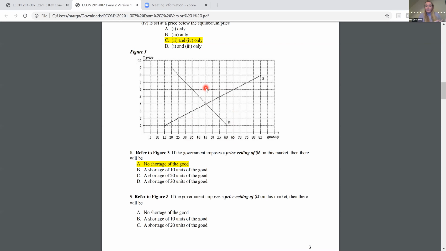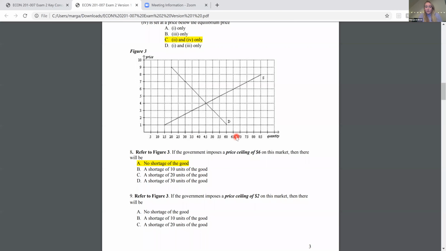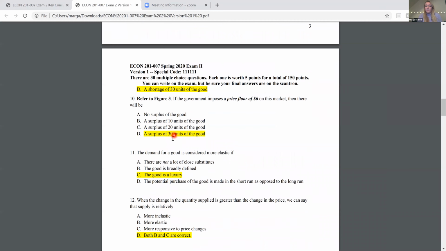However, on the other hand, buyers are not willing to pay this higher price. So people are only demanding 35, but suppliers are making 65. So there are 65 units available, but people only want 35 of them. So there's going to be a surplus of 30 units. So there are going to be 30 extra units just laying around that no one wants to buy at this new higher price.